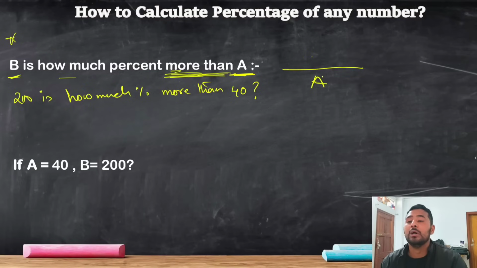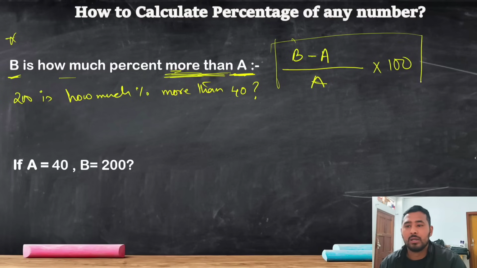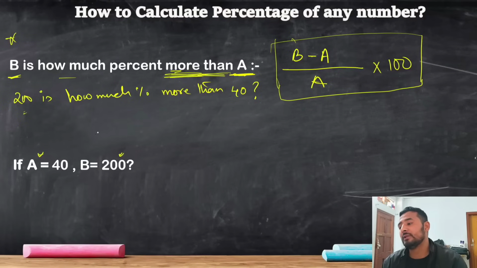So what we'll do is (B minus A) into 100. You should remember the numerator is always the bigger number first, then subtract the smaller number. In this case our bigger number is 200, so I've written B minus A. Suppose if A was 200, then I'll write A minus B.